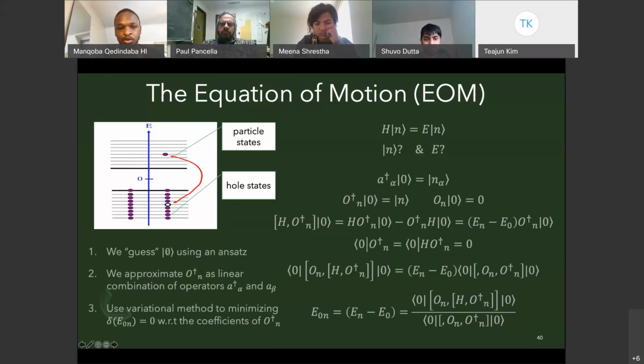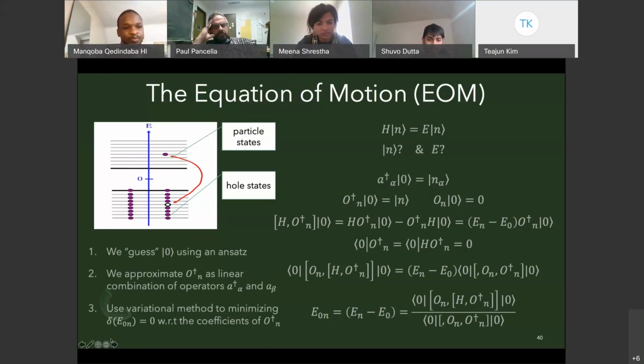It's not always obvious to have a ground state. And the second thing is I have to guess this excitation operator. And then, to solve this equation, I have to do a variation to minimize that. You will learn about that in quantum mechanics.